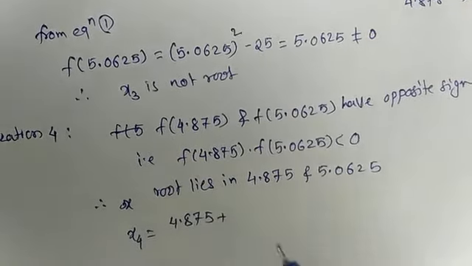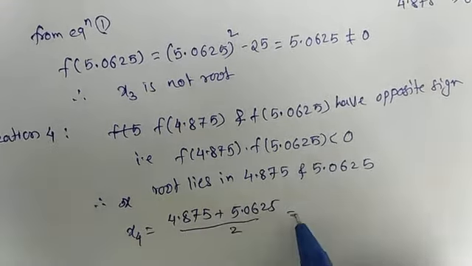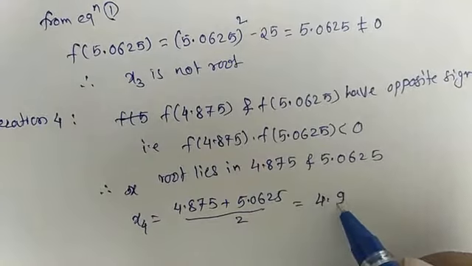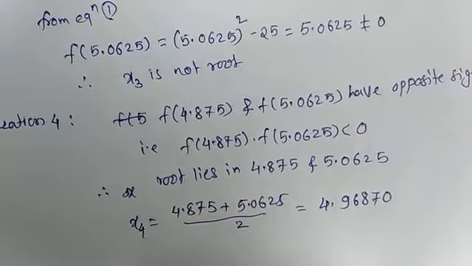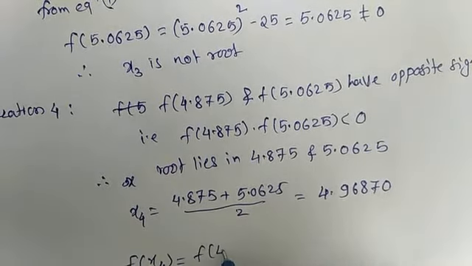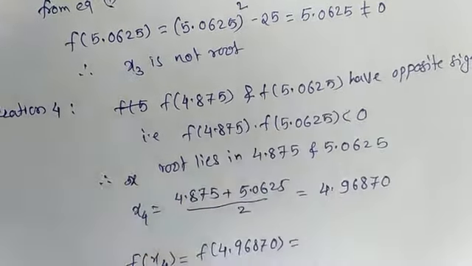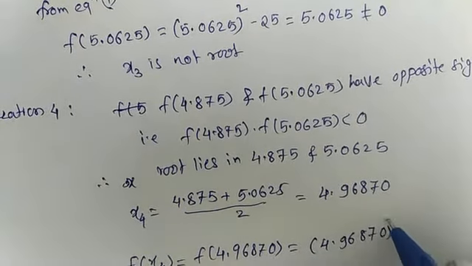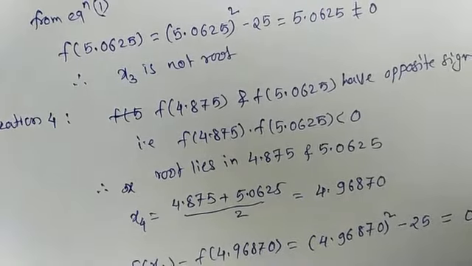Therefore now consider x4 equal to 4.875 plus 5.0625 divided by 2, which is equal to 4.96870, and f of x4, that means f of 4.96870, is equal to 4.96870 squared minus 25, which is equal to 0.3111.